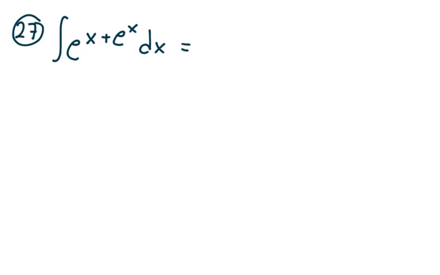On 27, suppose we have the integral of e raised to the x plus e to the x dx, which is the integral of e to the x times e raised to the e to the x dx.